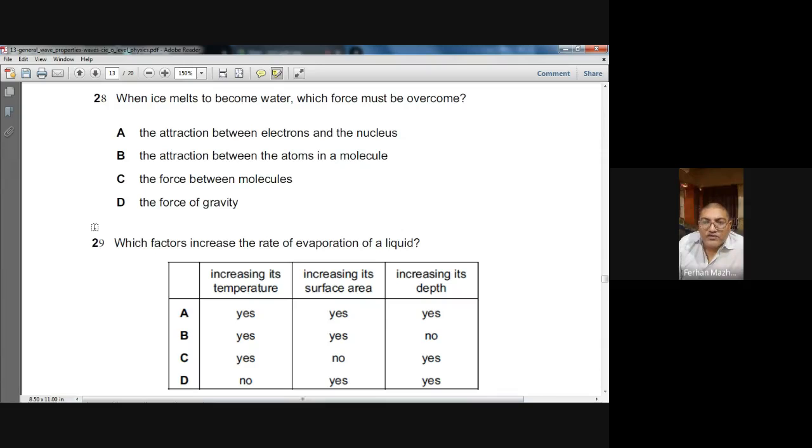Intermolecular force needs to be overcome. The attraction between electrons and nucleus, no. The attraction between the atoms in a molecule, no. The force between the molecules, yes. Intermolecular force. The force of gravity, no. So C is the right choice. Question number 28, C is the right choice.